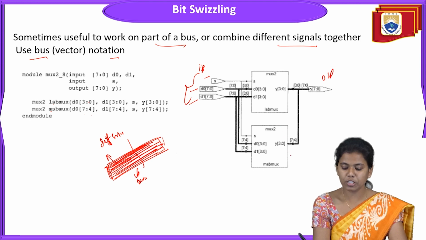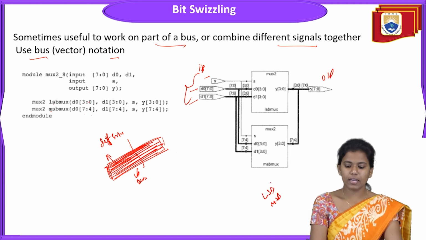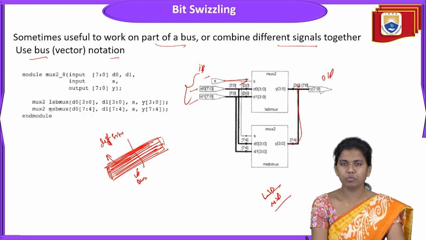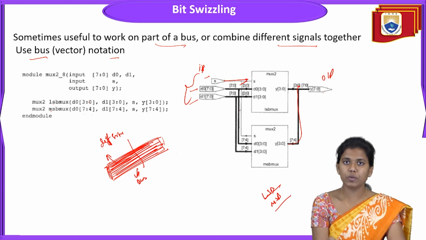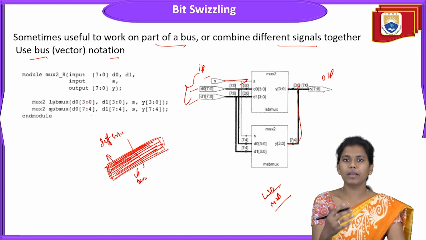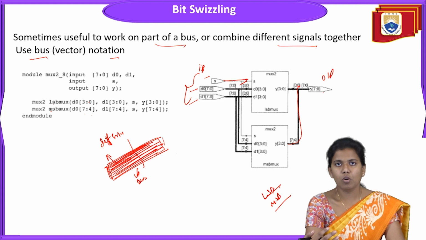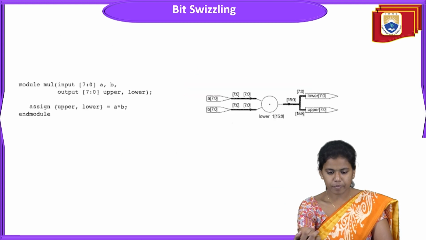I'm considering one more multiplexer, with the LSB and MSB as well. Based on the selection lines, my output is observed at that particular multiplexer. So this is the bit swizzling. The bits are swizzled based on the most significant as well as the least significant bits.